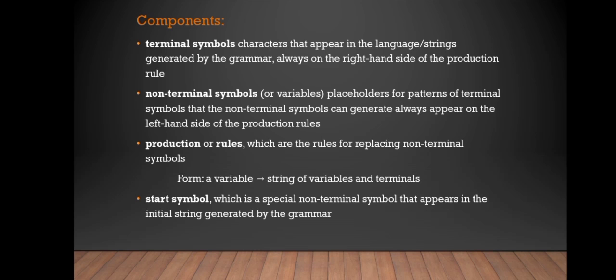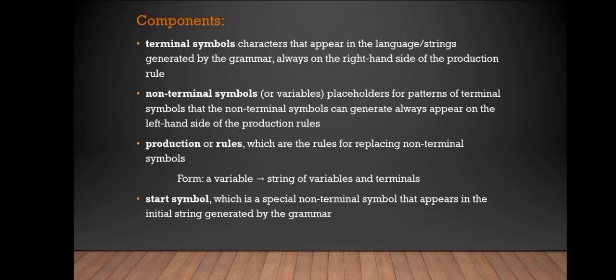A context-free grammar has four components. First, terminal symbols: characters that appear in the language strings generated by the grammar, always in the right-hand side of the production rule. Second, non-terminal symbols, or variables: placeholders for patterns of terminal symbols that they can generate, always appearing on the left-hand side of the production rules.